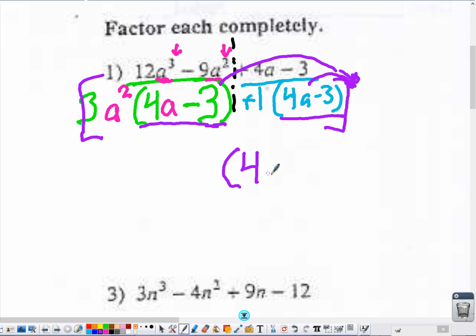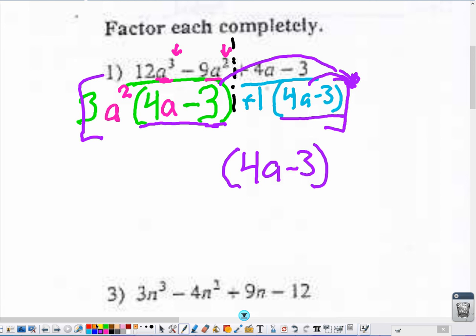So I am going to remove a 4A minus 3, and just like we did over here, when we removed a 3 from both of these terms, we just put 3. We didn't put 3 squared, we didn't put 6, we didn't put 9. We just put 3. So for this, I'm going to remove a 4a minus 3 from each and give it its own set of parentheses.